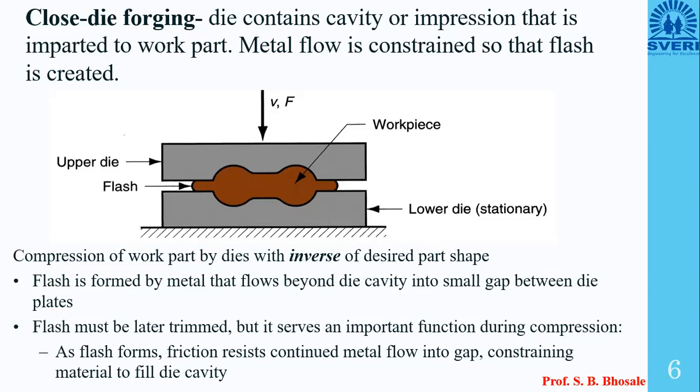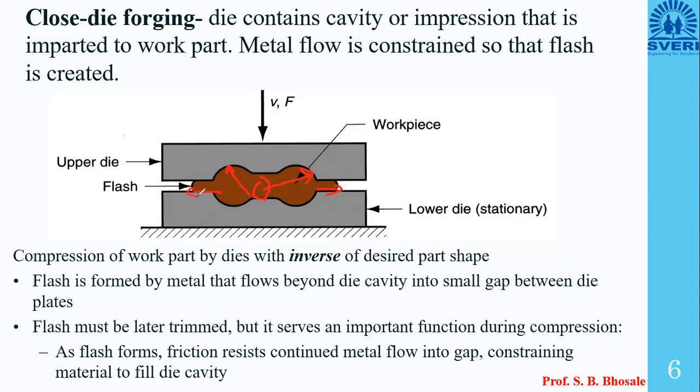So if the metal is kept here at the center initially, the metal will flow into this cavity and this cavity, and after filling these cavities, the extra material will flow to this side and this side.